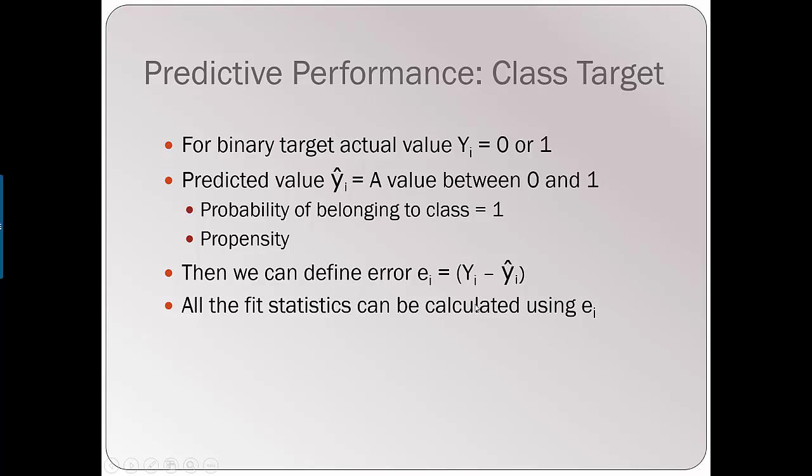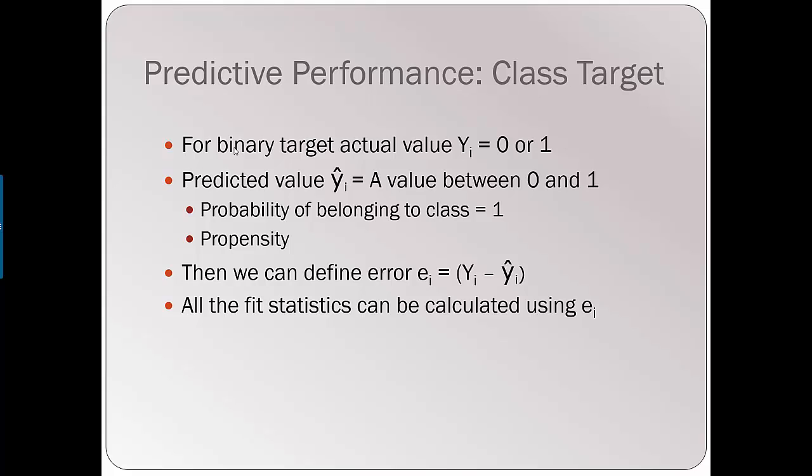So typically the actual value of the target will be either 0 or 1, in which case the target is a binary target. But it need not be binary target. If it's a categorical nominal target, it can have more than 2 classes, maybe 3 classes or 4 classes.